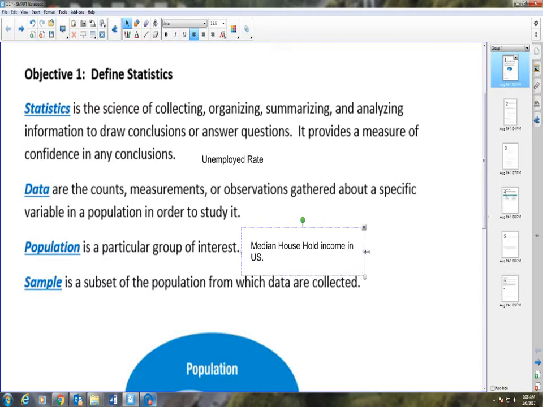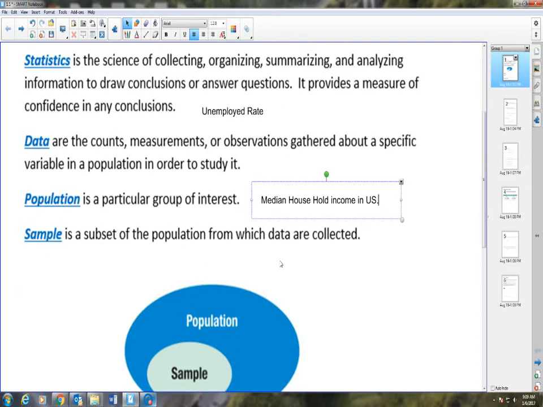So that will be the population. The population will be all households in the United States. That will be the population, for example. And you can actually look this up. There are different ways of measuring the median household income by breaking it down by state.